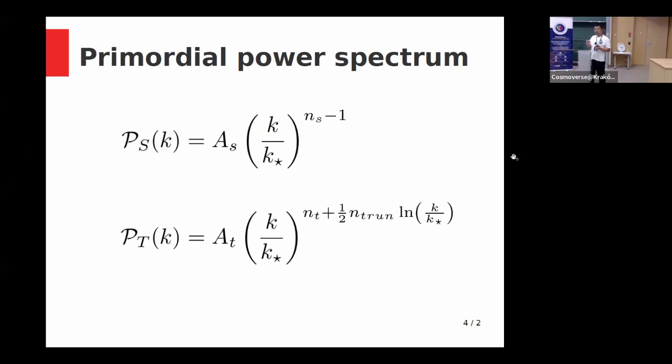And the second one is the primordial tensor power spectrum. Here A_T is the amplitude, and we consider the tensor spectral index n_T and its running n_T1 here.